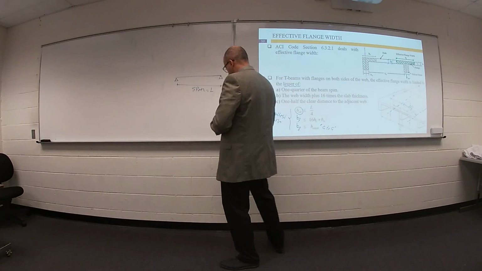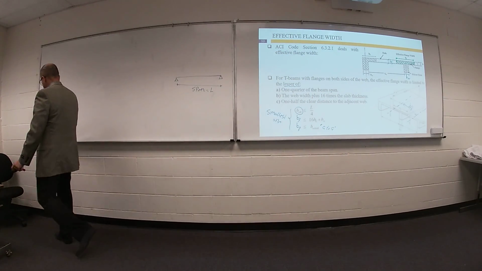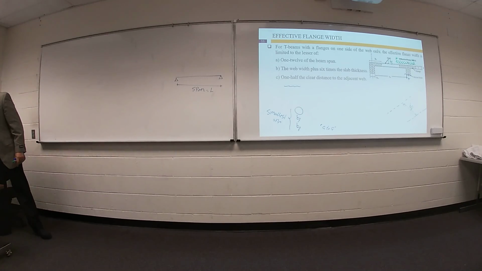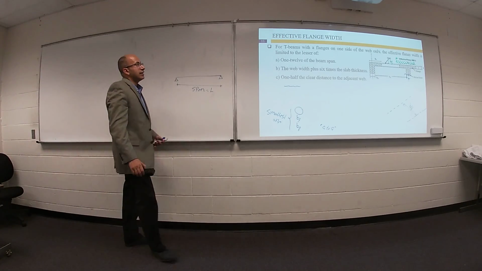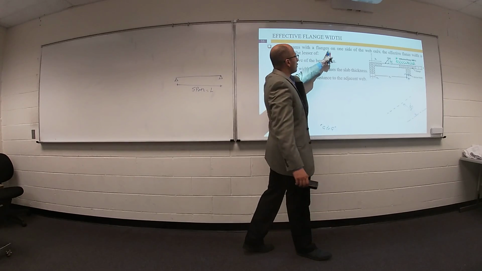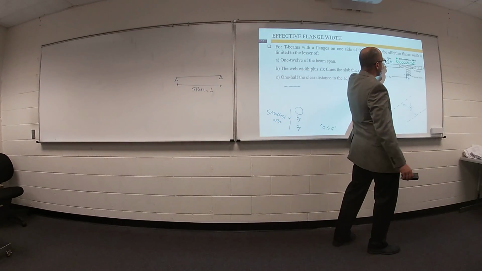So, in this case, we have another situation. T beams with a flange on one side of the web only.